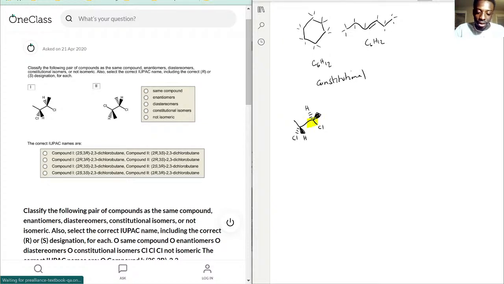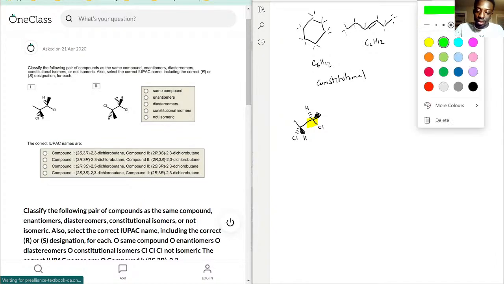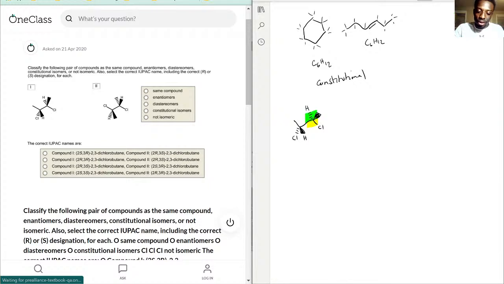The bend here shows the parts that are sticking into the page, if that makes sense. Okay, and the top bend shows the parts sticking out of the page. So we have parts sticking into the page and out of the page, and you want to draw specifically where you're accounting for things sticking into the page and out of the page.